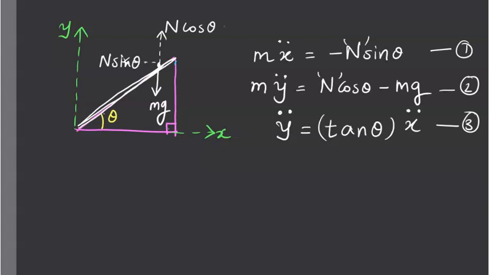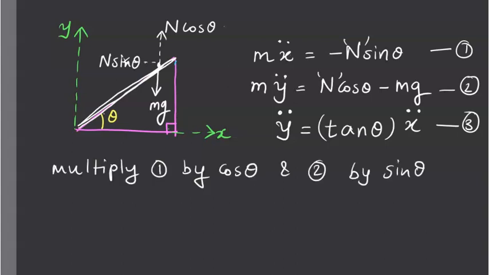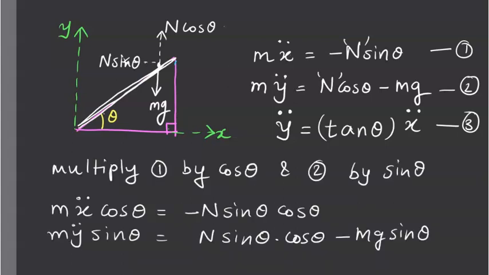So let's solve it. Here I will multiply the second equation by sin theta and the first equation by cos theta. So multiply. Now we can add these two particular equations. Let's say this is equation 4, this is equation 5. So if I add these two equations, what will we get?